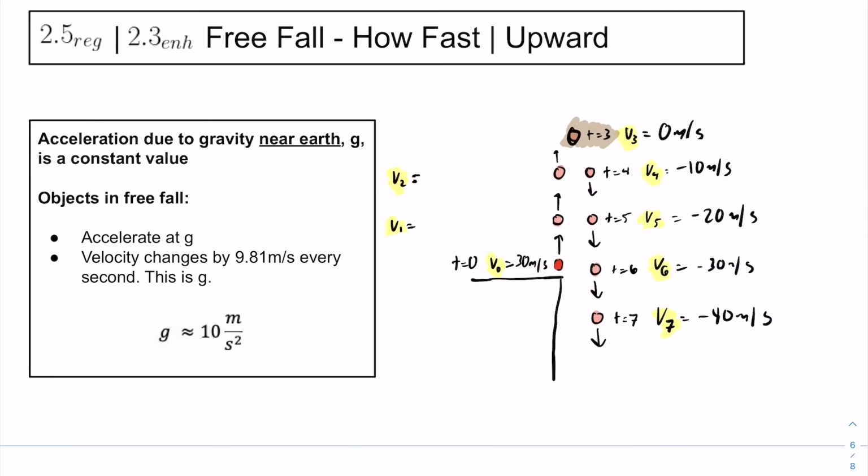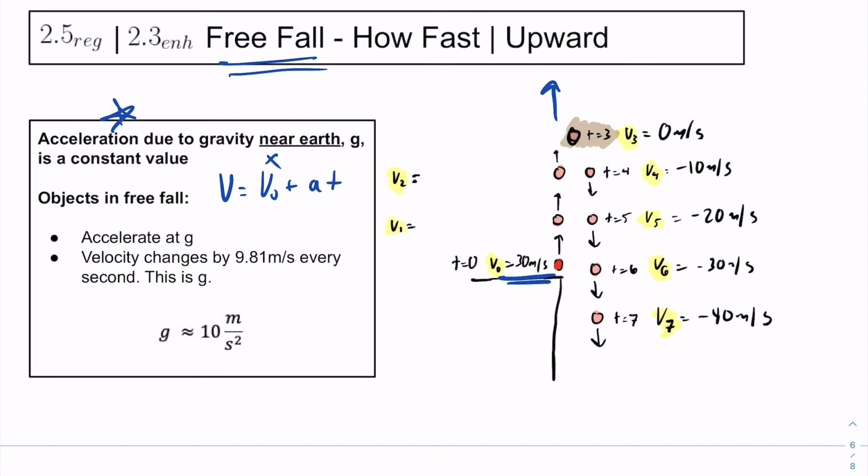Predictable, in fact. So, what if we had an object that you threw upward? We said velocity equals your initial speed plus the acceleration times time. What if my initial speed was not 0? Say it was 30 meters per second. Well, what happens then? Well, if we're under the influence of gravity, we're still technically in free fall if there's no air resistance, even if we're going upwards.